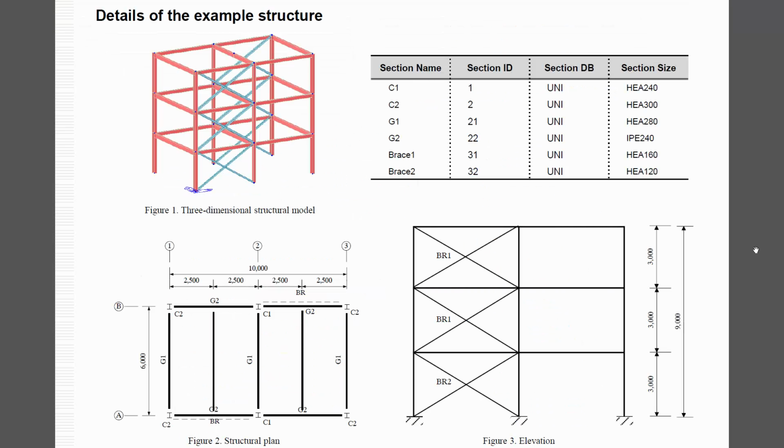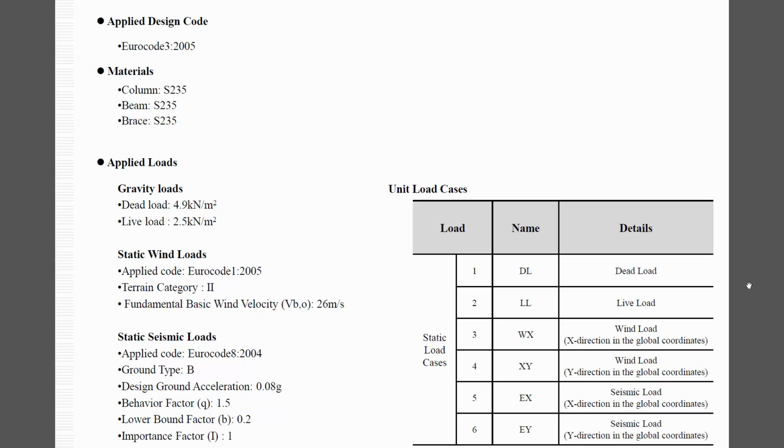In this slide you can see the details of the example structure that I will use, the different sections, and the dimensions of the building that I will model. And here you have the details about the model. I'm using the Eurocode 3 2005.